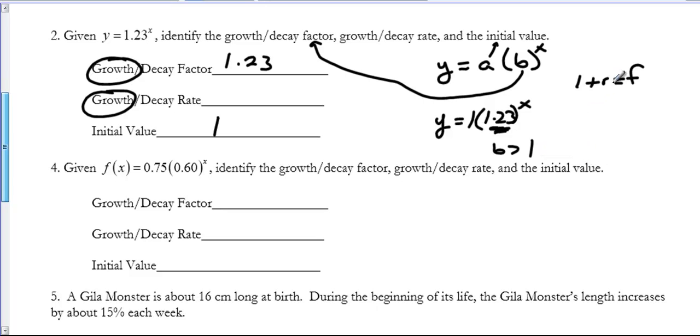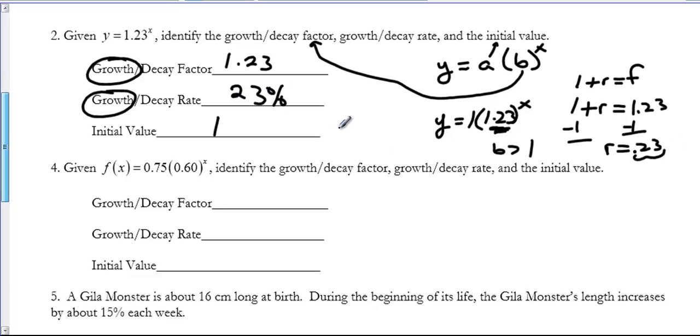That lets me know it's growth. So my growth model looks like this: 1 plus r equals f. So I'm going to put my growth factor in place, and then solve for the rate. So I end up at 0.23. I go 2 to the right. That's a 23% growth per whatever unit of time we have.